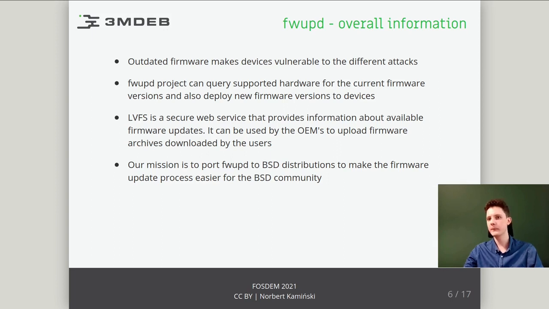It's really painful, and fwupd can query your hardware, check if there is an available update, and download and update it securely. So our mission is to provide fwupd to BSD distributions to make the firmware update process easier.